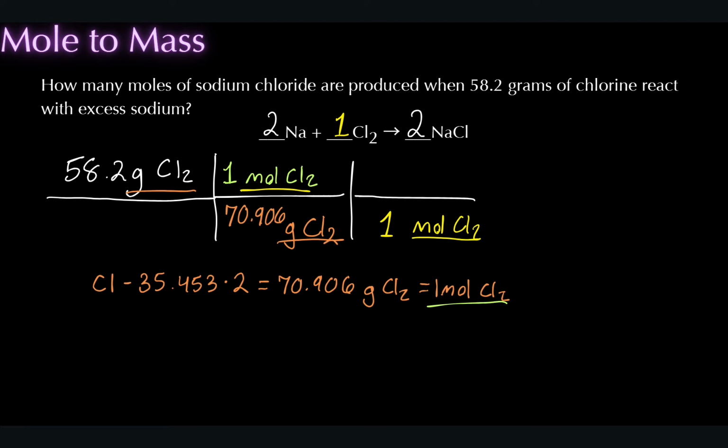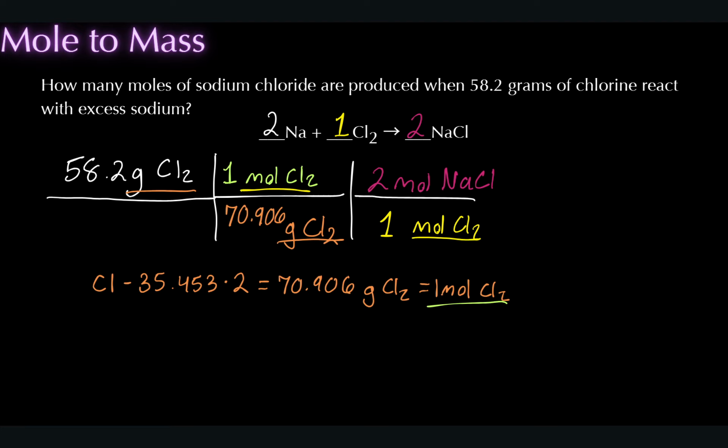Now looking at the balanced chemical equation, we should notice that we have our 2 moles of our NaCl, with that 2 coming from the coefficient. So that 2 moles of our NaCl coming from that balanced chemical equation.